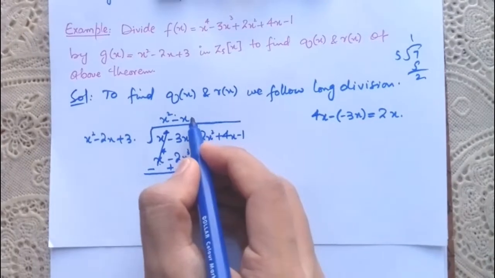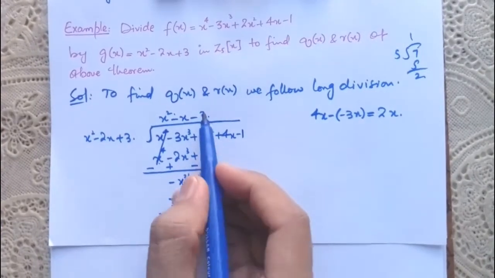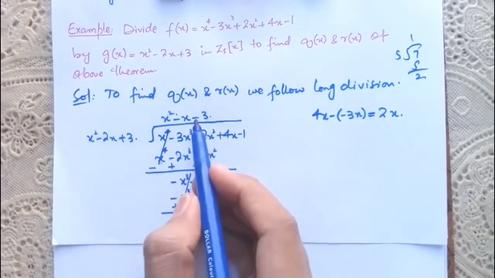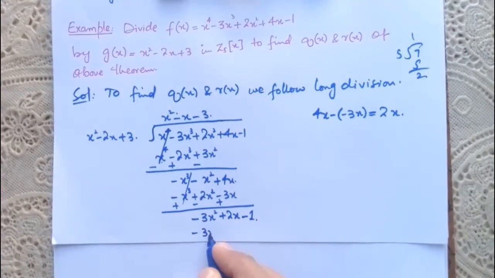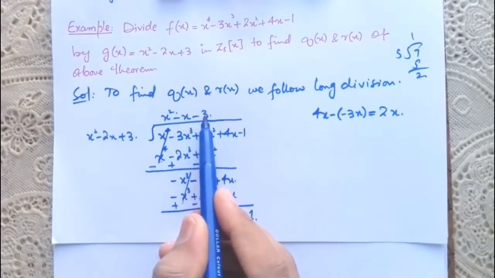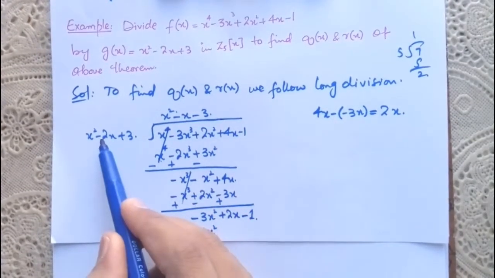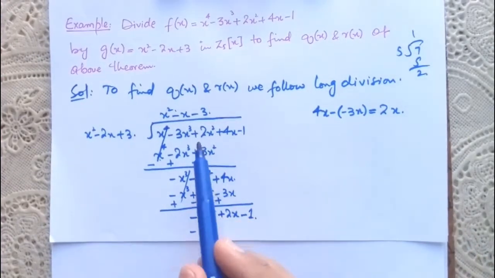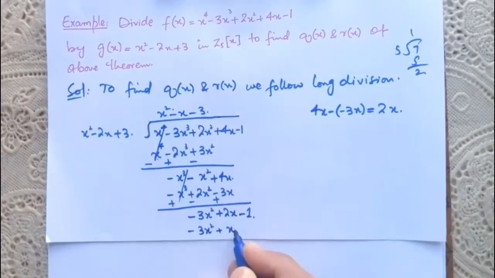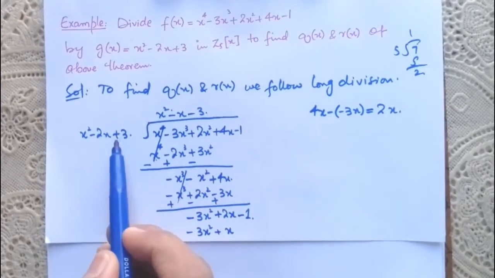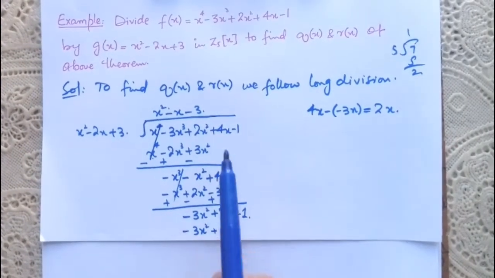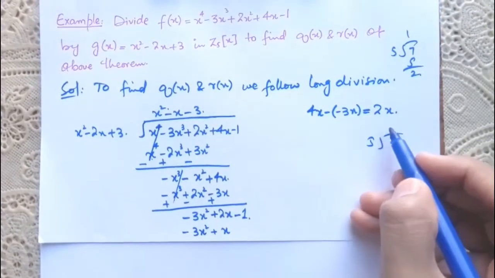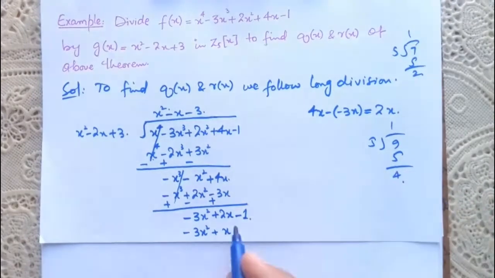So now minus 3, if minus 3 is multiplied by this polynomial, we get minus 3x^2 and plus 6x, and 6x in Z5 is equal to 1x, plus x, and minus 3 into plus 3 is equal to 9, and 9 in Z5 is equal to 4.